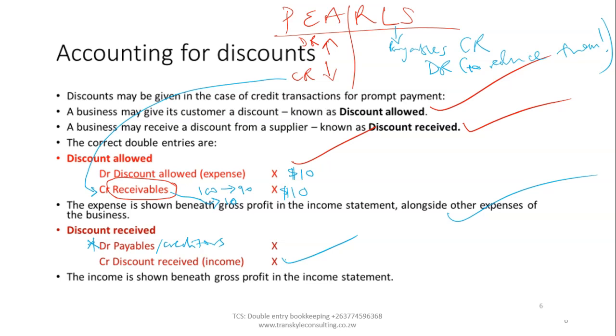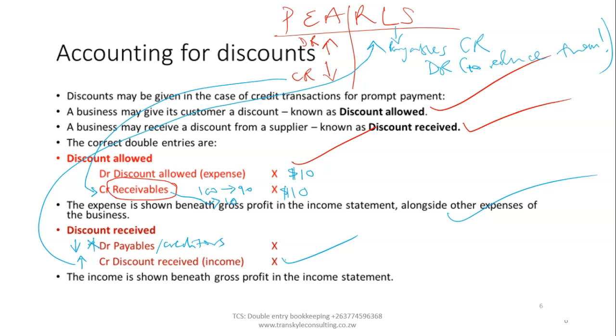So by nature, when we have received a discount, we have to credit the income, the discount which we have received. So in this case, payables are decreasing, income is increasing. And when income is being increased, we are following the PEARLS acronym.